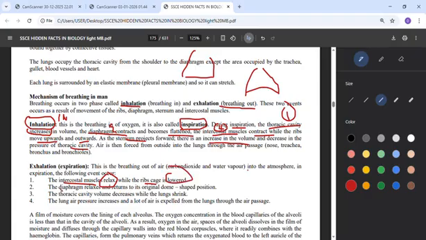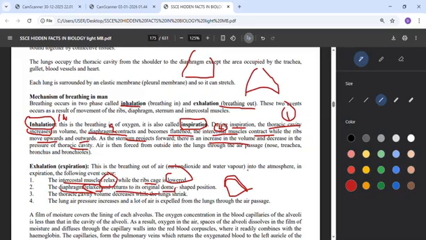The diaphragm will also relax and return to its original dome-shaped position. The actual shape was a dome shape, so it returns to that dome shape after breathing out. It was the breathing in that changed the shape.